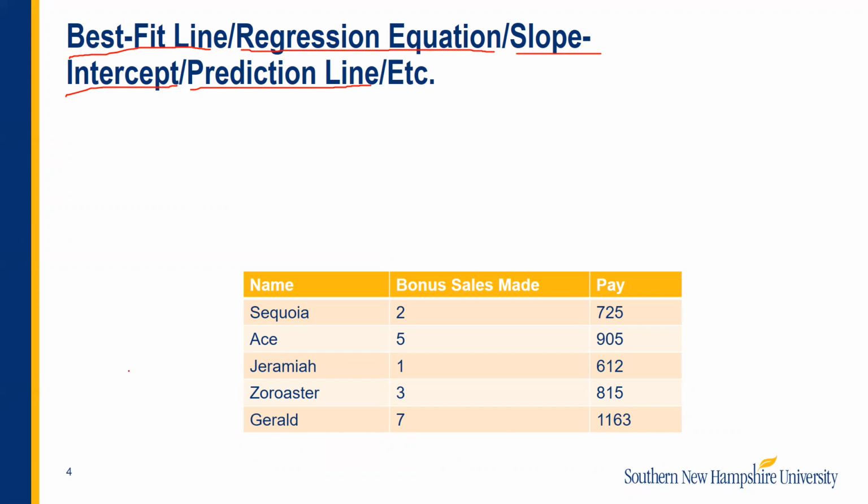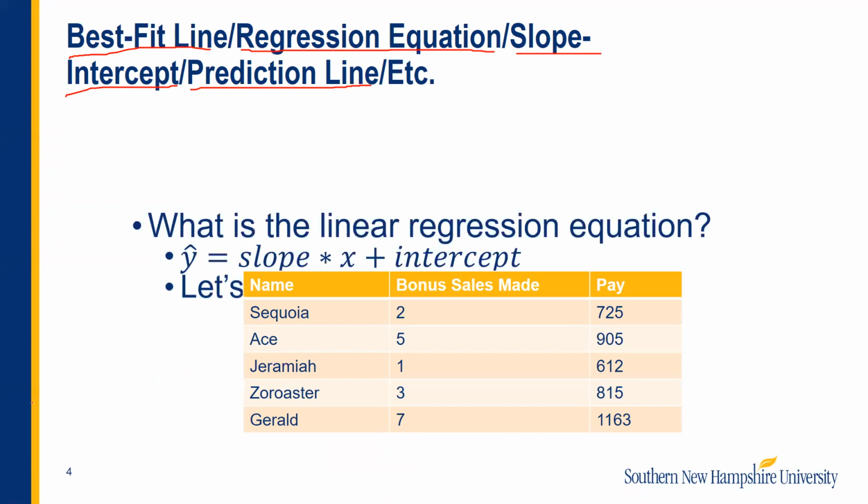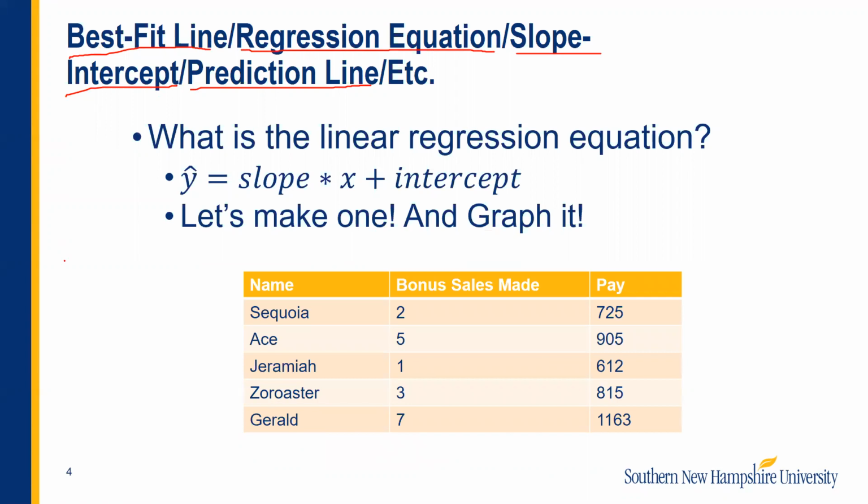The principle of it is the same, but as we get into different fields, they're used to do different things. So the best fit line might work if you're looking at a business equation. Regression equation might be something you're doing with research and psychology research, etc. When it applies to different fields, the names change. But they're all talking about this equation that we have right here.